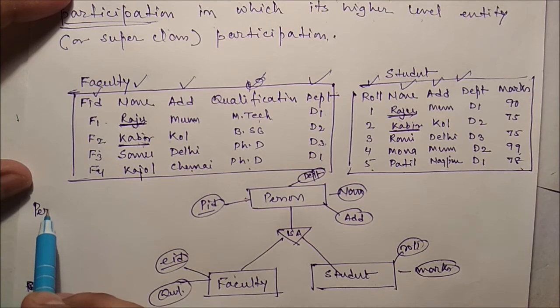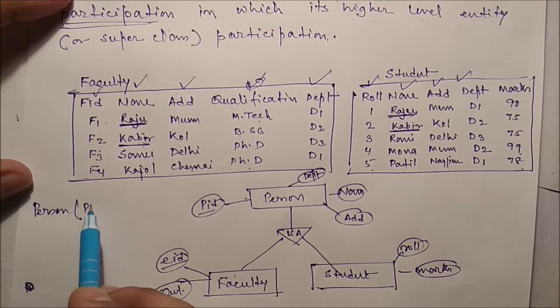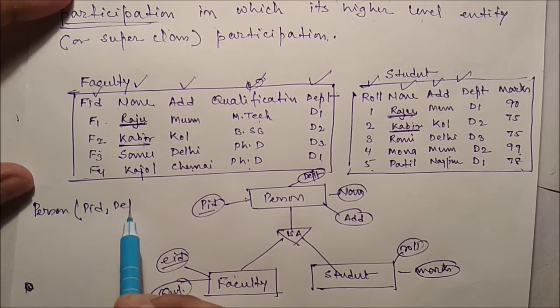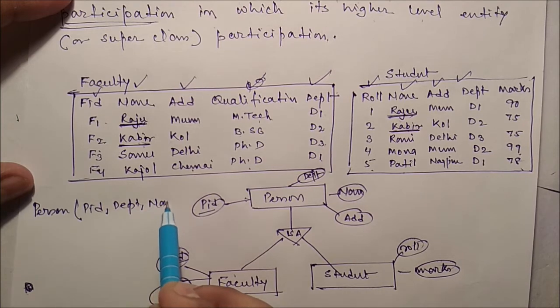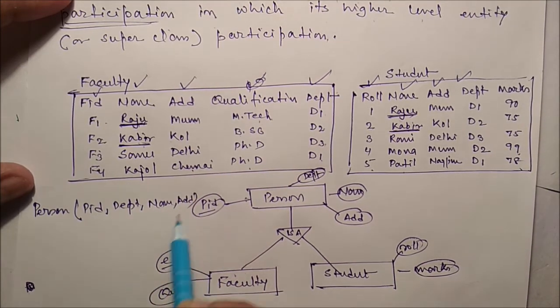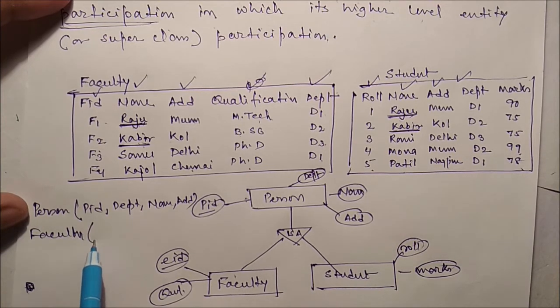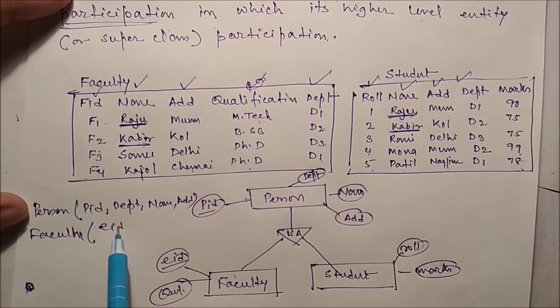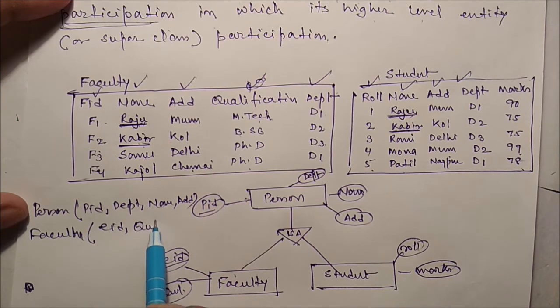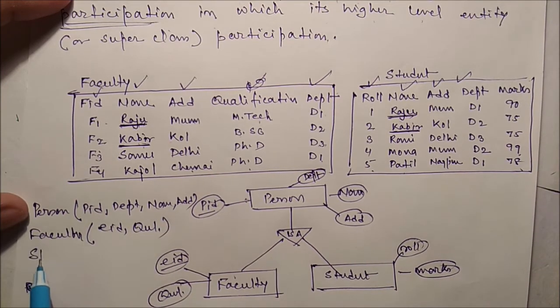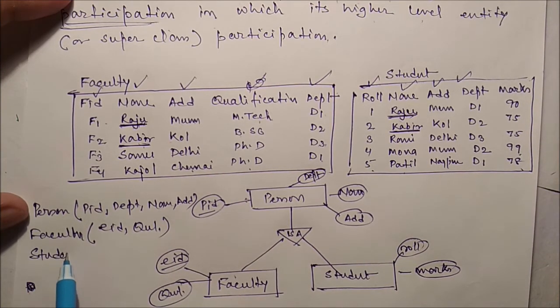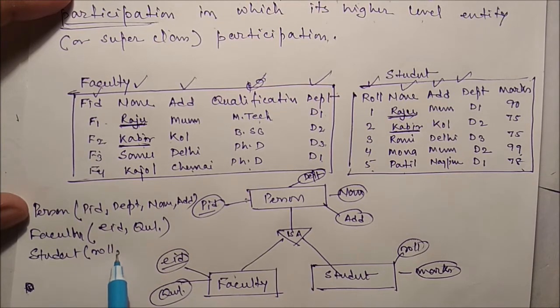Person: in this particular table, person ID is there, department is there, name is there and address is there. Similarly, if it is a faculty, here employee ID is there, qualification is there, and if it is a student, roll number is there and marks are there.